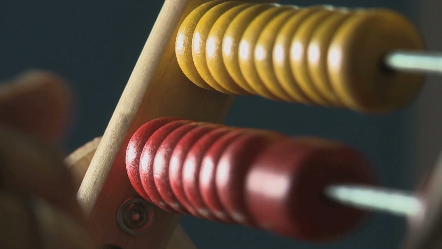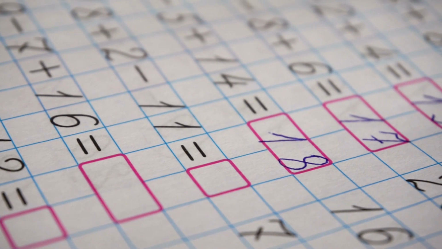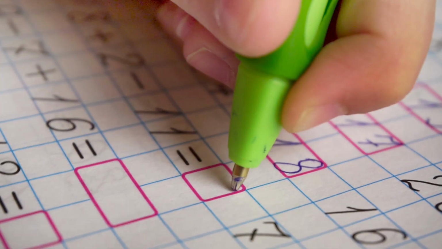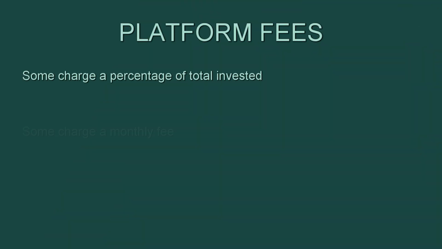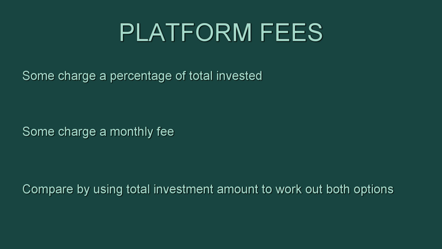You'll have to do the math as to how much you're investing and how the fees impact on your investment. Maybe compare the percentage version against the monthly fee version and see how much it costs with the same investment amount. Platforms often have other charges depending on the provider.